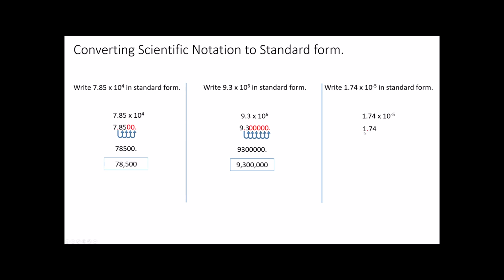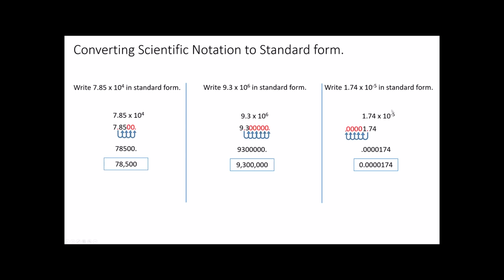We're going to move it to the left 5 times. 1 around the 1, 2 around a 0, 3 around a 0, 4 around a 0, 5 around a 0, and there's your decimal point. Your number's now 0.0000174, or properly written 0.0000174.